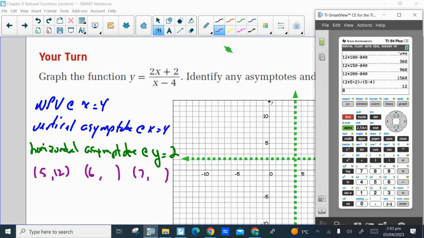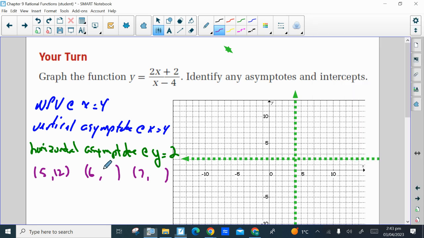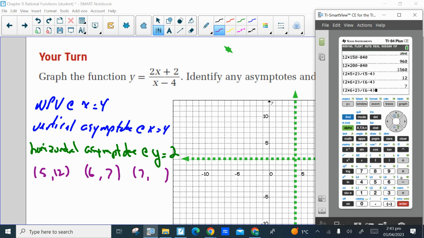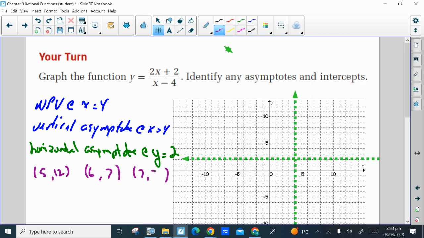When x is 6, we get positive 7. And when x is 7, we get 5 1/3.